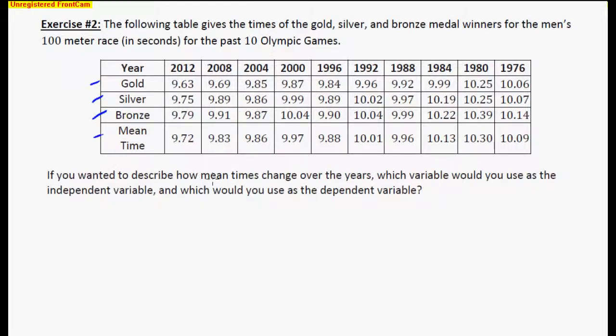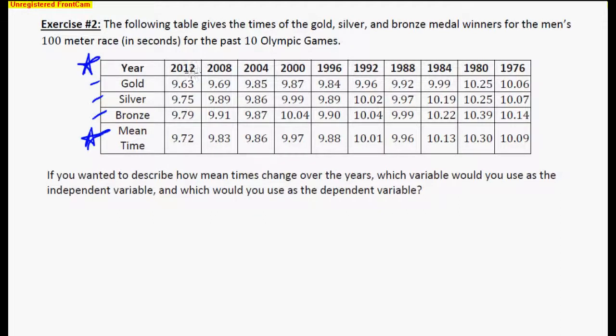And if you wanted to describe how mean time changes over the year, they ask which variable would you use as the independent variable, and which one would you use as the dependent variable? All right. So if we're looking at just the year and the mean time, which one is totally independent, does not matter in relation to the other one?